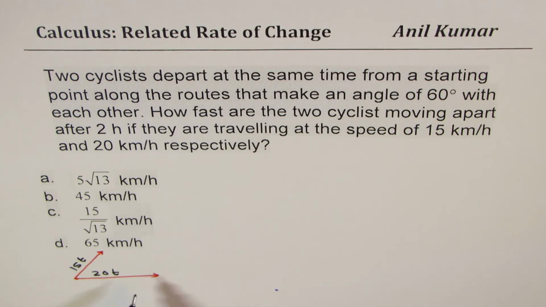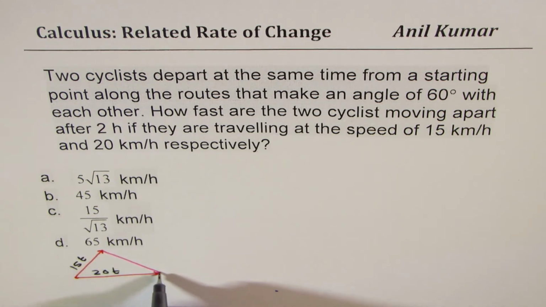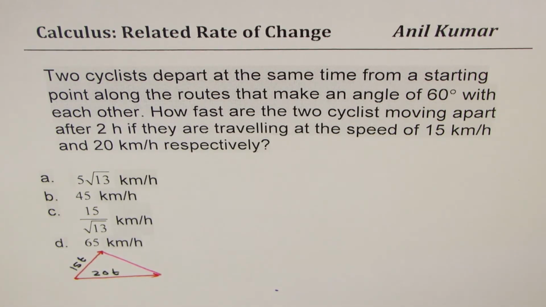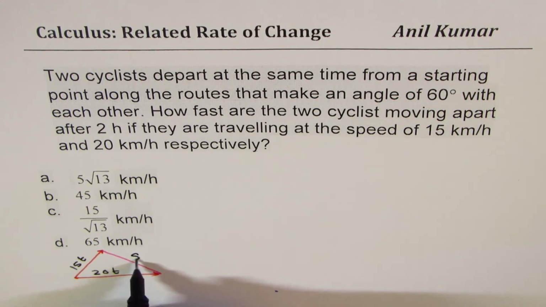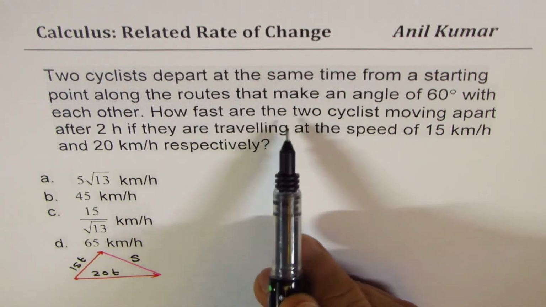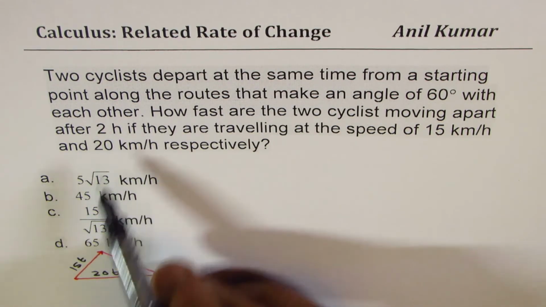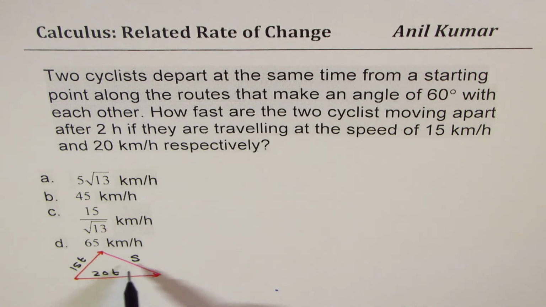Now the separation between them is this distance, right? So that is the separation. So let me indicate that with letter S. Now we need to find how fast are the two cyclists moving apart after 2 hours, right? So we can actually use cosine law here. We know this angle here is 60 degrees.